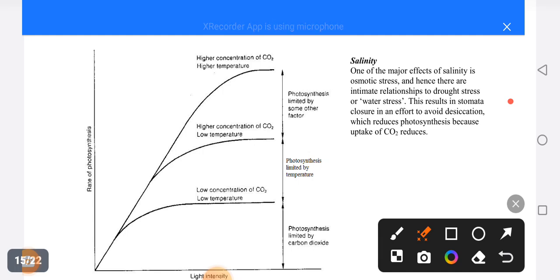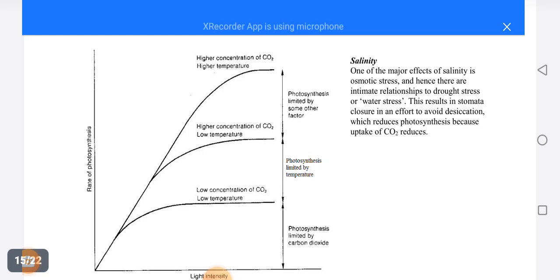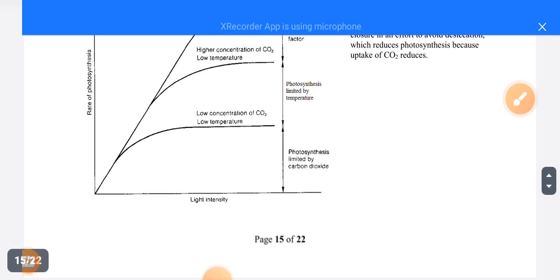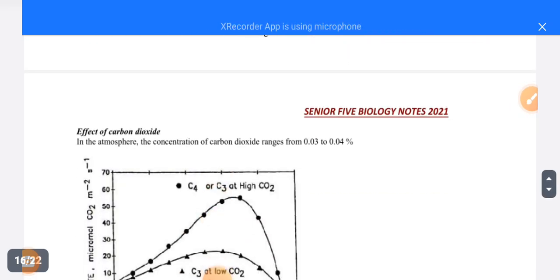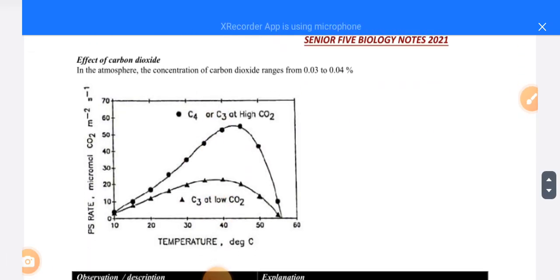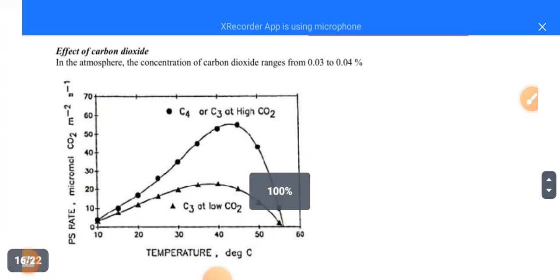Desiccation means drying up in simple terms, with reduced photosynthesis because uptake of carbon dioxide does what? Reduces. Then from there I want us to look at this graph carefully.